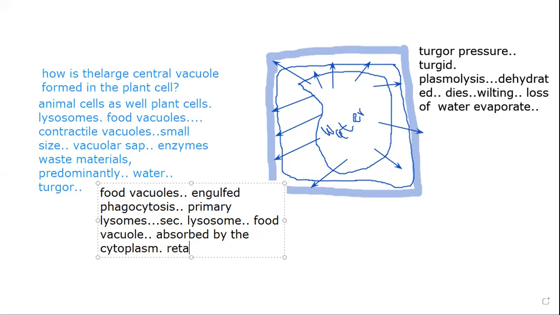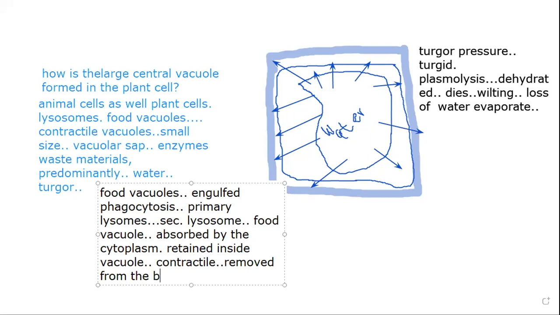Then the vacuole is converted into the contractile vacuole, which mainly contains waste materials, water and all other unnecessary toxins. And this contractile vacuole is removed from the body via the cell membrane. ये हो गया, ठीक है, समझ आ गई बात.